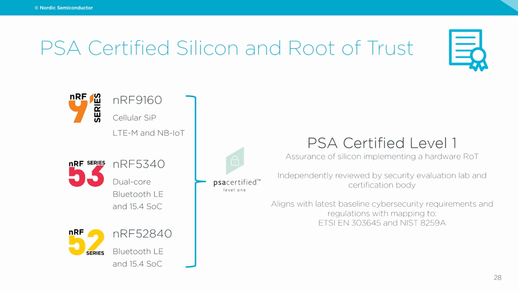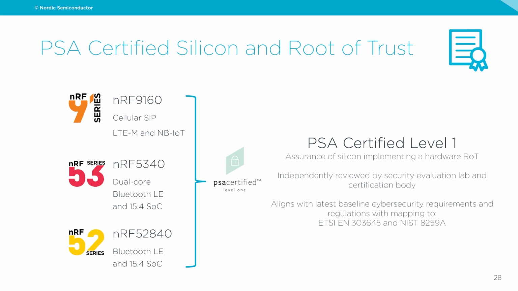Nordic provides 3 devices that are PSA certified with the PSA root of trust. So the first device is the nRF9160. This is a cellular device, cellular SiP module, offering LTE-M and NB-IoT connectivity. Then we have our flagship nRF5340.